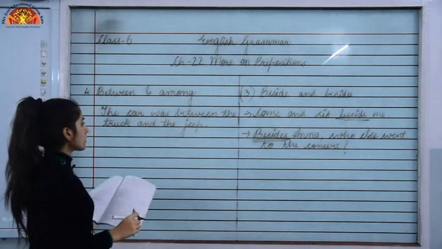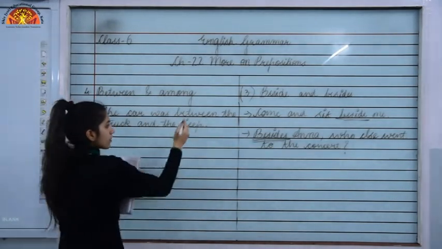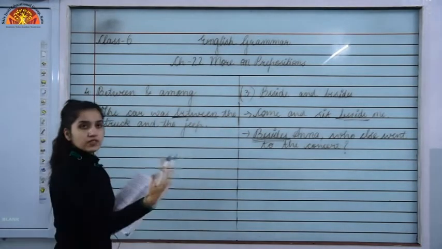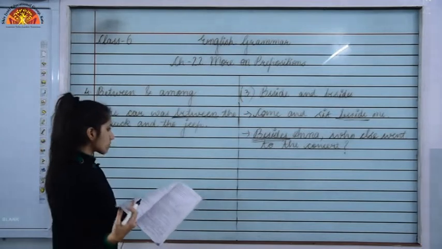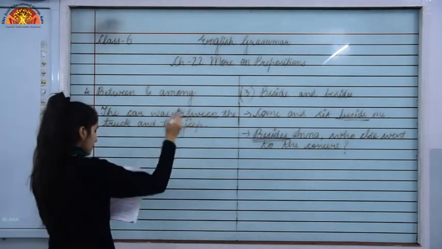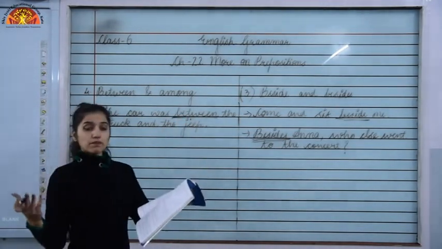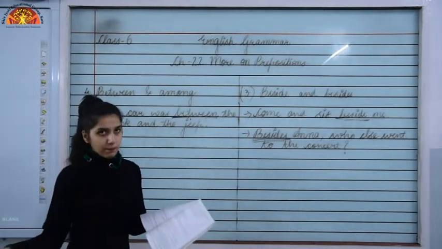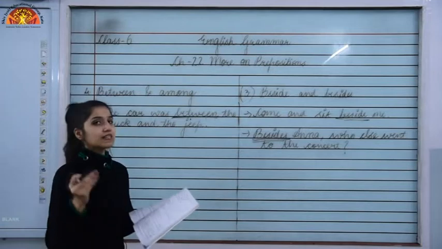Okay, so here we have used between because the truck and the jeep are separated. Okay, so that is why we have used between, and between is used to refer to something or someone in the middle of two things, and that they are clearly separated.